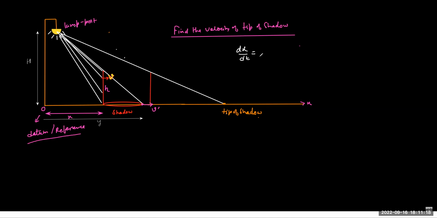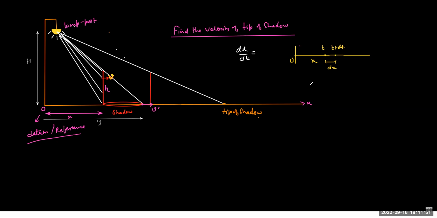So as the man will walk, the x will change. Yes or no? Yes, sir. So in time dt, let's say the man is here. In time dt, how much man will move? dx, can we say? So if you give elementary time interval dt, the man can only walk dx.